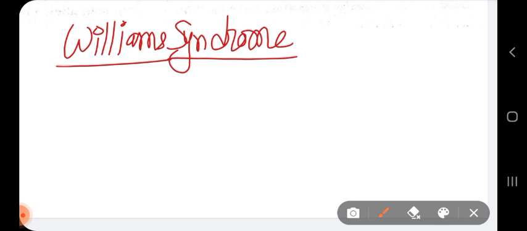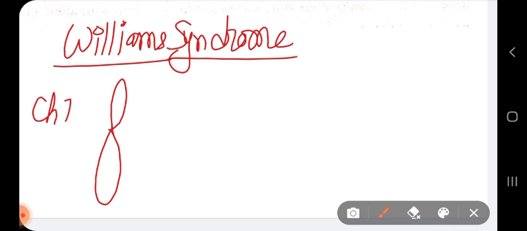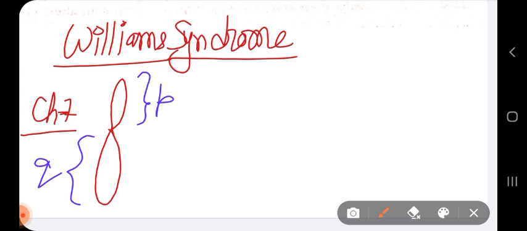Williams syndrome is caused due to deletion of about 27 genes from the long arm of one of the two chromosome number 7. Suppose this is chromosome number 7. This one is the long arm, which is called the Q arm, and this is the short arm called the P arm.